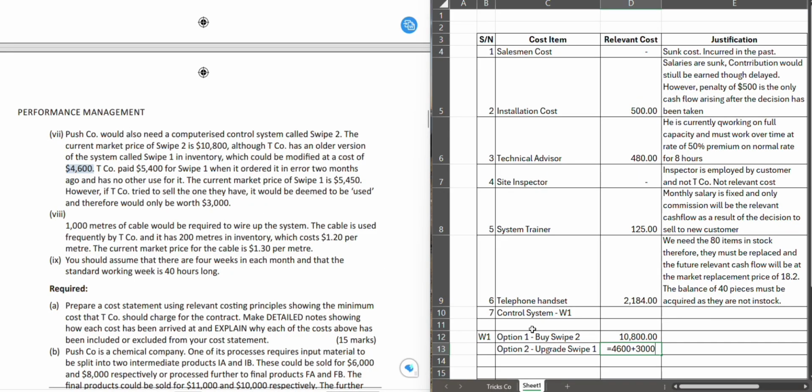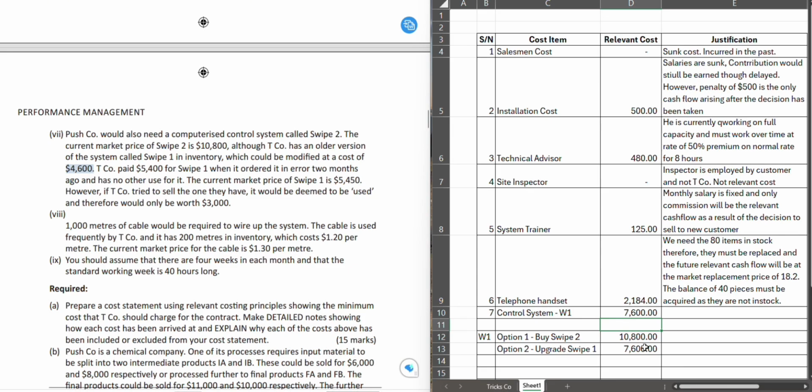So opportunity cost, you're going to lose that $3,000. So between these two, you have to choose which will be your better option. So definitely, as a good costing accountant, you have to go for the cheaper option. So your relevant cost is $7,600.